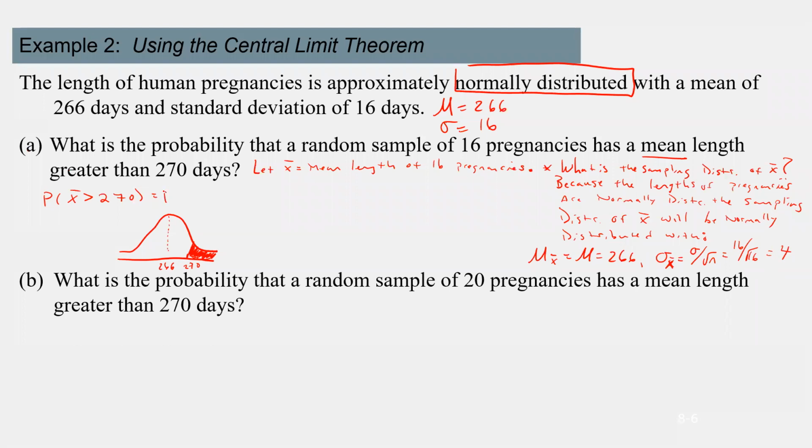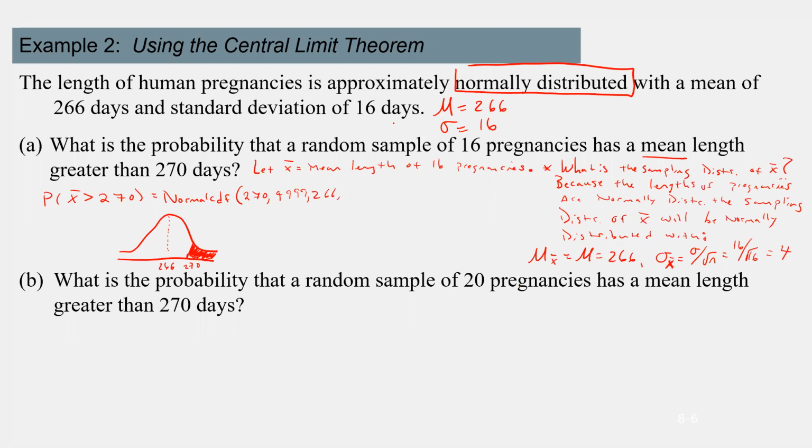It's not too bad, right? So we'll go normal CDF. What's my lower value here? I think it's 270, yep. And because it's a tail area to the right, what do I need to do? Yep, 99999. The mean is 266.